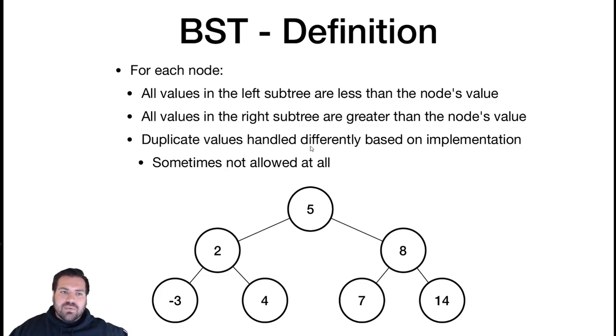So sometimes we don't want to allow ties at all, and that's an important feature. How we decide to handle those tie values is going to change the behavior and functionality of our BST. For my implementation, I'm just going to throw ties to the left. The implementation that's in the code, in the examples repo, I throw ties to the left. As long as you're consistent, it doesn't matter which way you choose, unless you're not allowing duplicates.